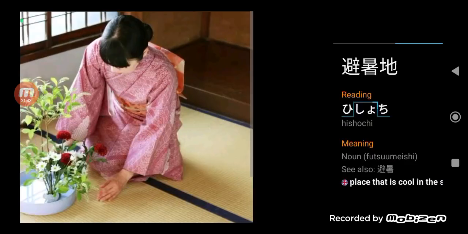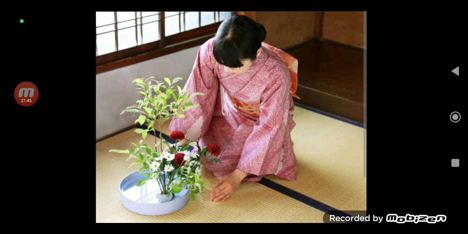Okay, now for better appreciation, minasan, what is ikebana? Ikebana is right here. Ikebana, and take note, when you do ikebana, the flower should not be artificial. The flower should be a living plant, a living flower, because ikeru means live or living.